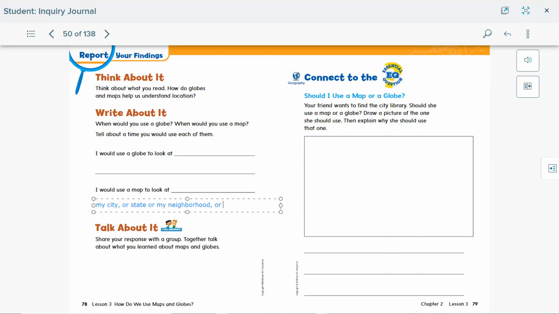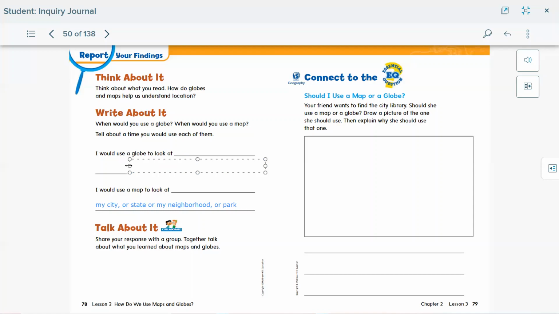Or also a park. So a place in the city. All right.